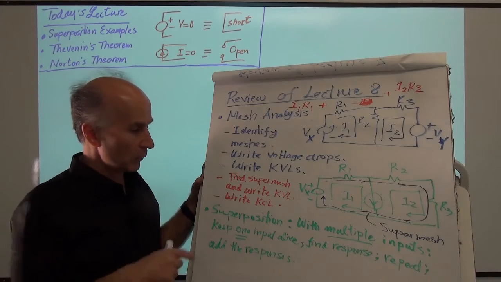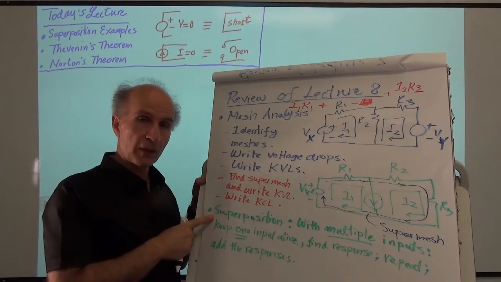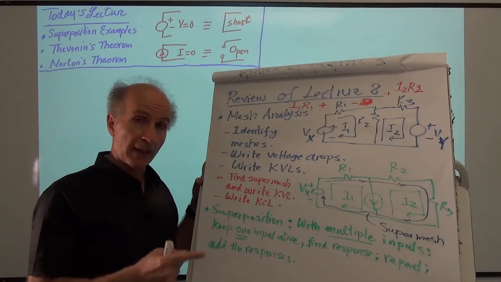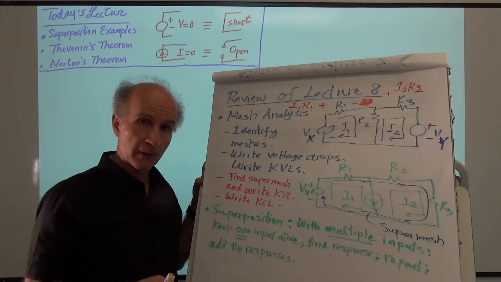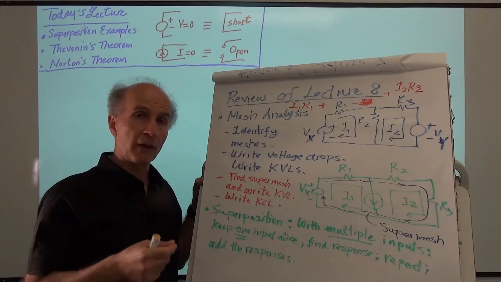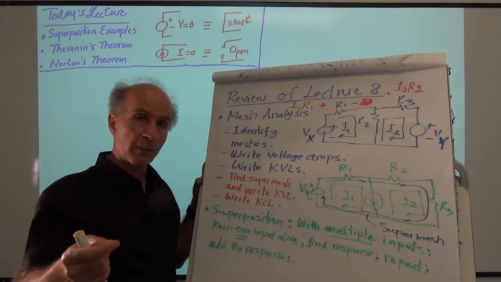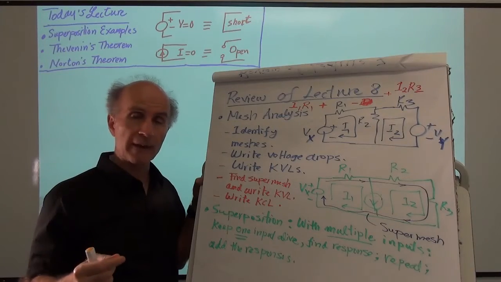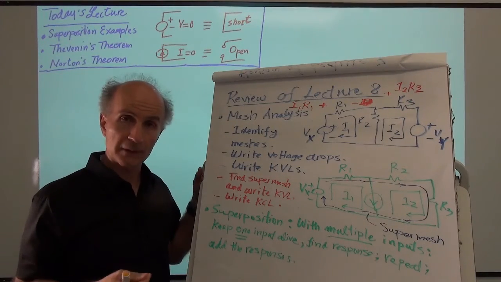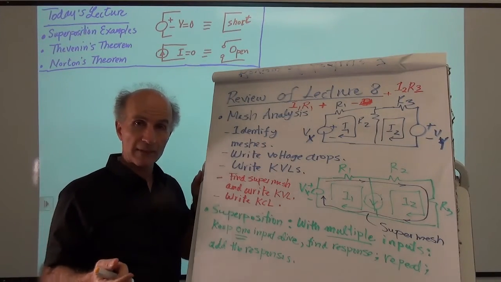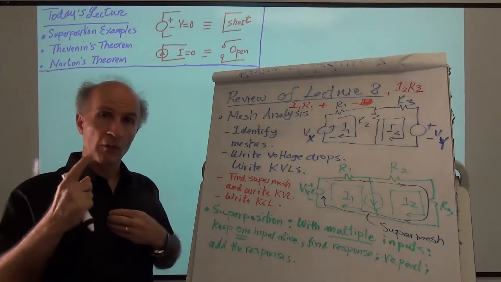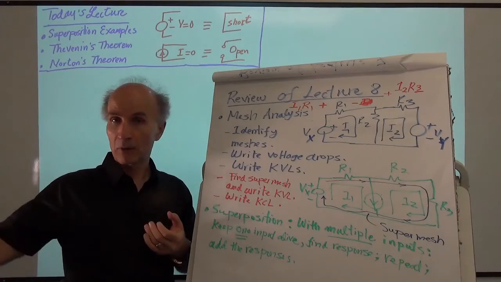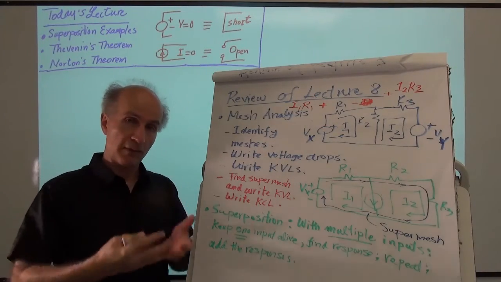Okay, then we moved on to the principle of superposition. Superposition says that if we have a linear system that has multiple inputs, what we can do is find the output corresponding to each individual input and then add up all these outputs as the total result. The example I provided last time was my voice goes through this microphone and generates a voltage. If we have music, music goes through the microphone and generates a voltage.